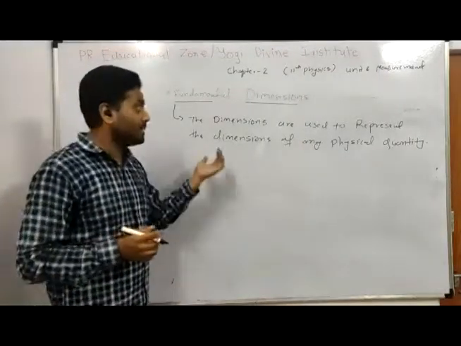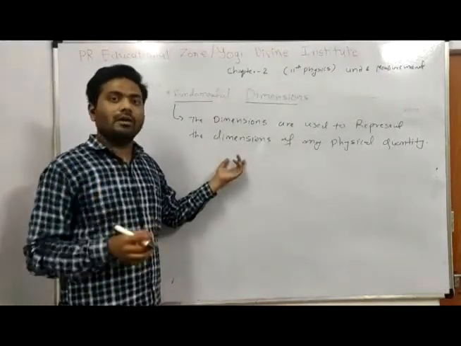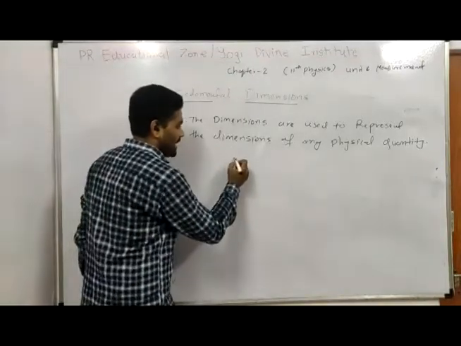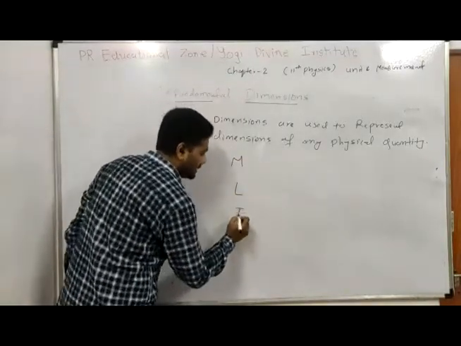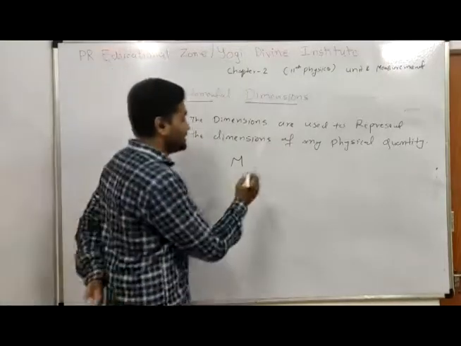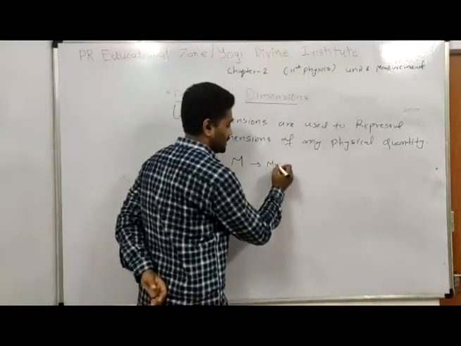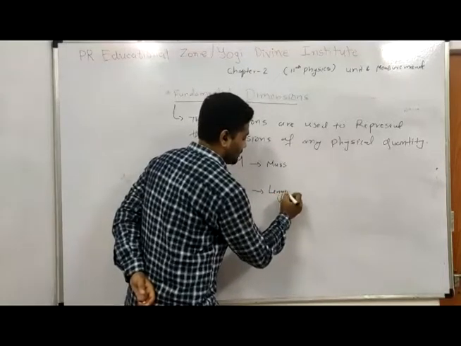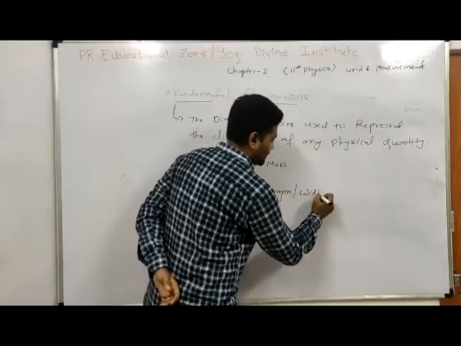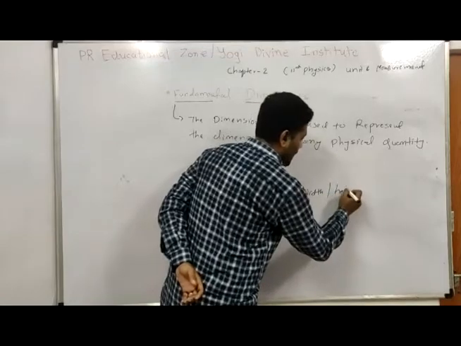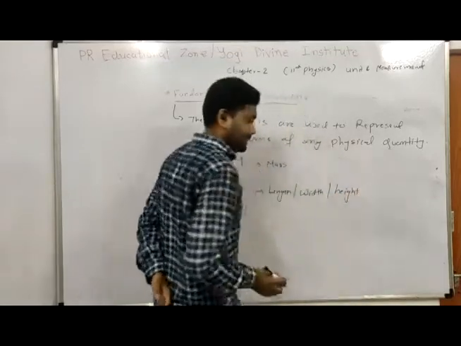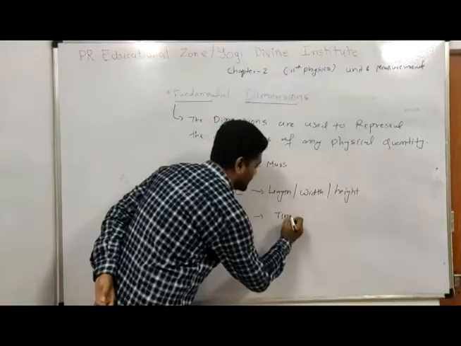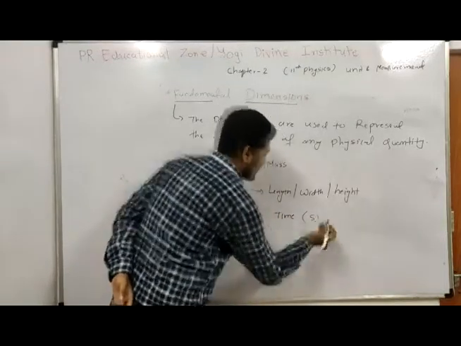In this chapter, in your 11th syllabus, we are going to learn about only three fundamental dimensions, which are M, L and T, where M represents mass, L represents length, width, height, etc., and T represents the time elapsed, in seconds.